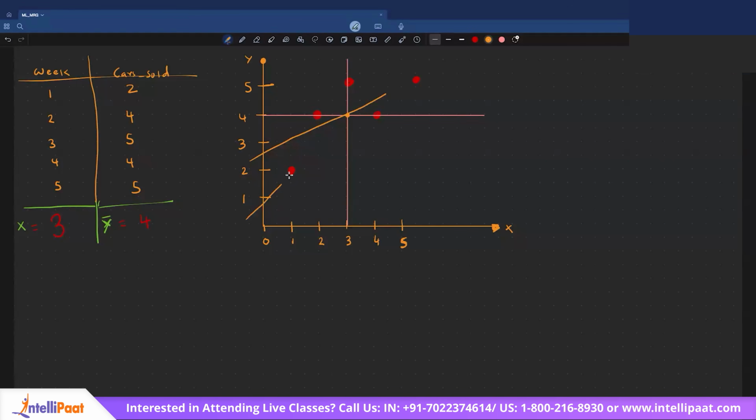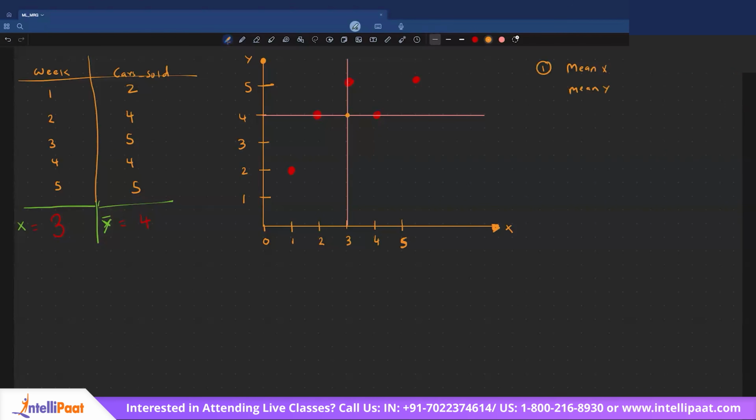Isn't this line possible? Isn't this line possible? Oh, it's complicated. So many lines are possible, but it's okay. We'll solve the problem one step at a time. Is this step clear to everybody? Take the mean of x and the mean of y. Step number 1. Take the mean of x and take the mean of y.